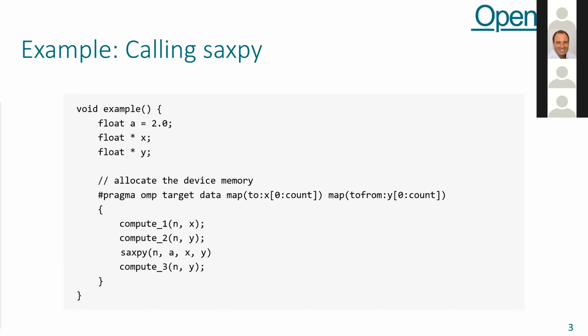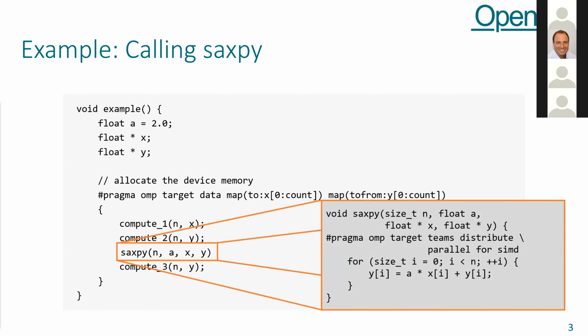Here's a piece of code, again revolving around SAXPY and some dummy code around it. We have a bunch of computations to compute X and Y, then we do a SAXPY on X and Y, and then we use the Y array in another computation. Let's assume for a second that this SAXPY kernel, if written in OpenMP, doesn't give the best performance that you desire.